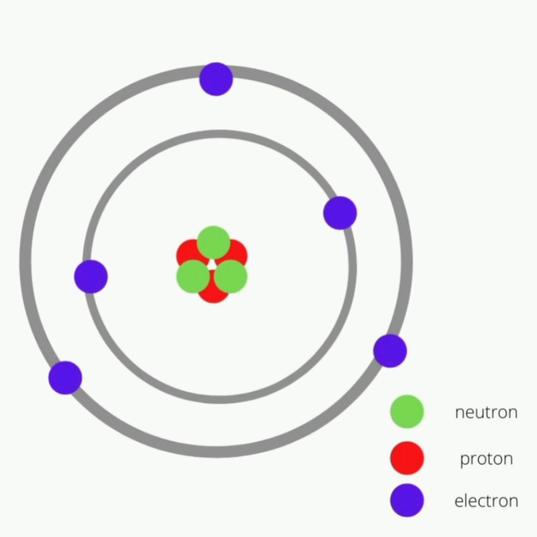Why? Because one electron and one proton, one pair of an electron and a proton, would cancel their effect. So if there are 3 electrons and 3 protons, they would cancel each other's effect, and then we would have a neutral atom.